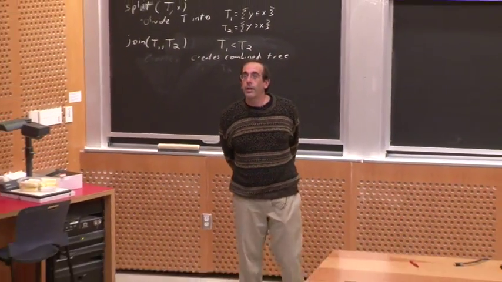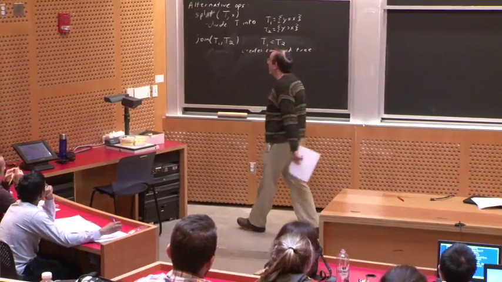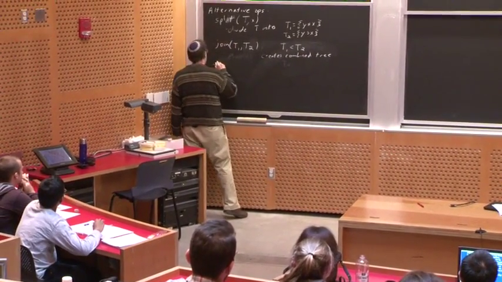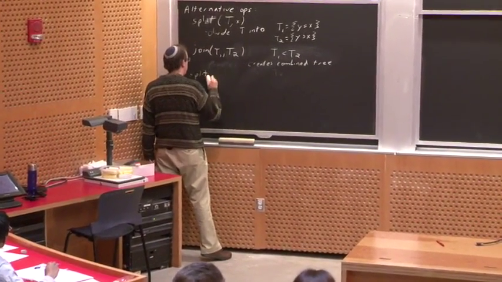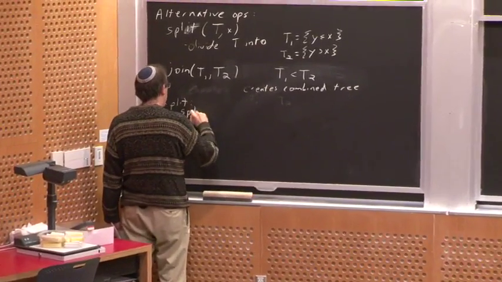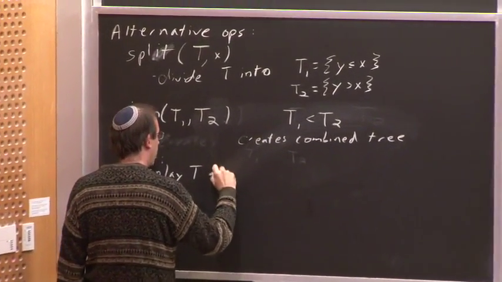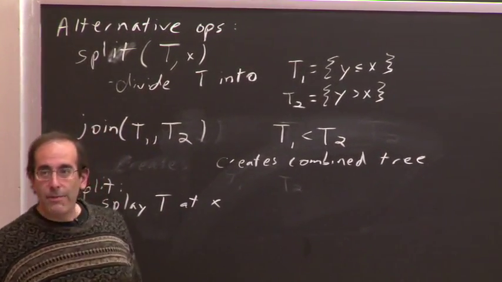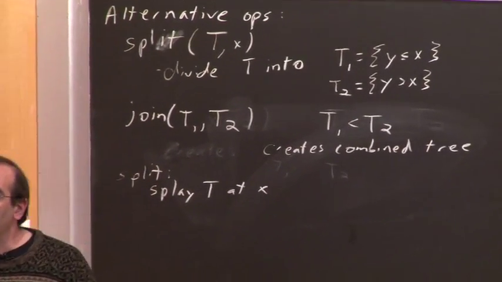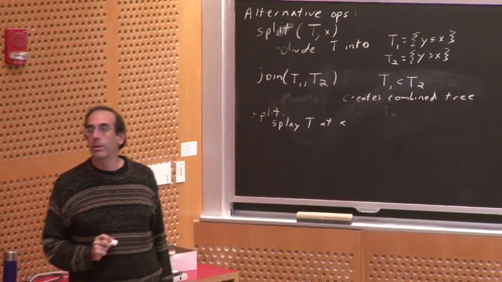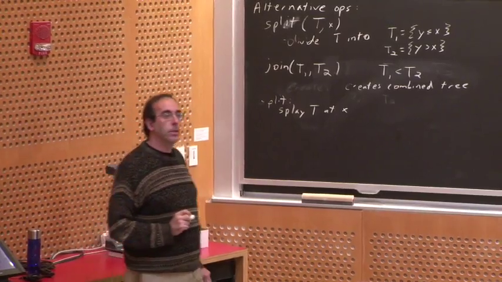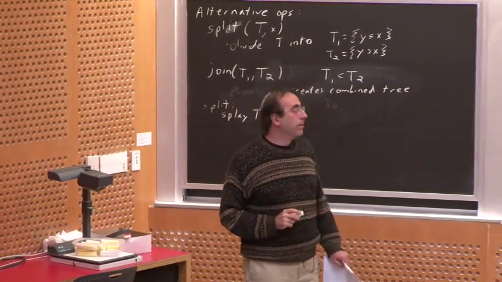Yes? Splay the node to the root and then take the left and right subtrees. Good. So split: what we do is we splay T at X. And you say take the left and right subtrees. What do we do with the root? Whichever one you want to be in, I guess.